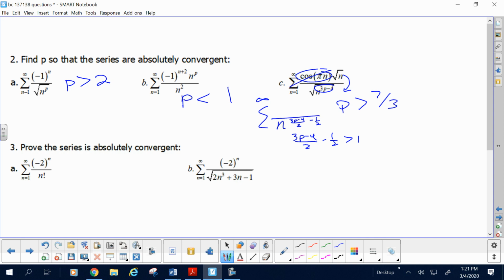Okay? On 3A, what test did you use? Ratio test. And did you get that it was indeed absolutely convergent? Good. It says prove the series is absolutely convergent, so I hope they do converge. Unfortunately, the next one, what's the first thing you should check? Do the terms go to zero? Do they? No, tricked you.